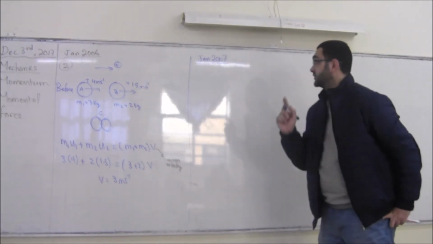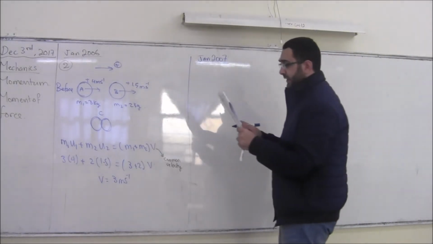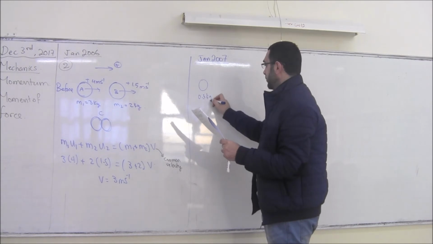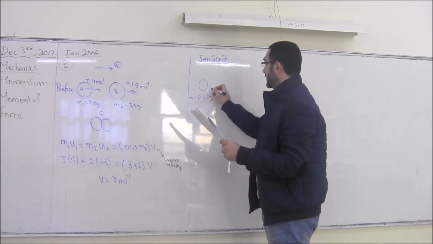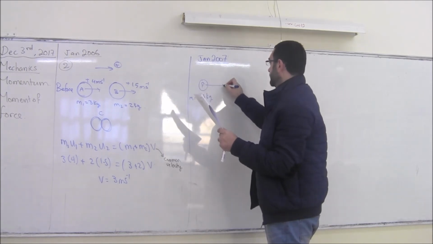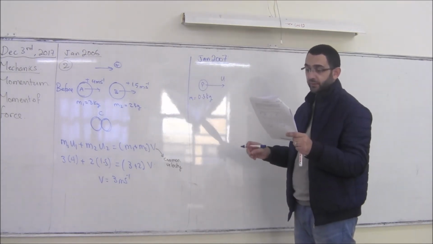Okay. Jan 2007. Particle P of mass 0.3 kilograms. This is M1. P is moving with speed U in a straight line on a smooth horizontal table.